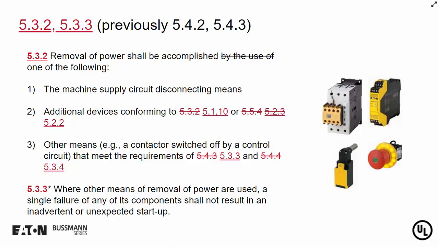So if we look at 5.3.3, we see other means. When they are used, there is a very major concern in that a single failure of any of the components that constitute those means shall not result in an inadvertent or unexpected startup.